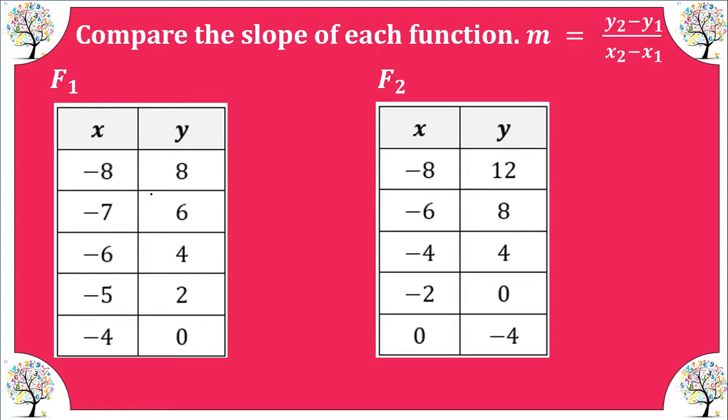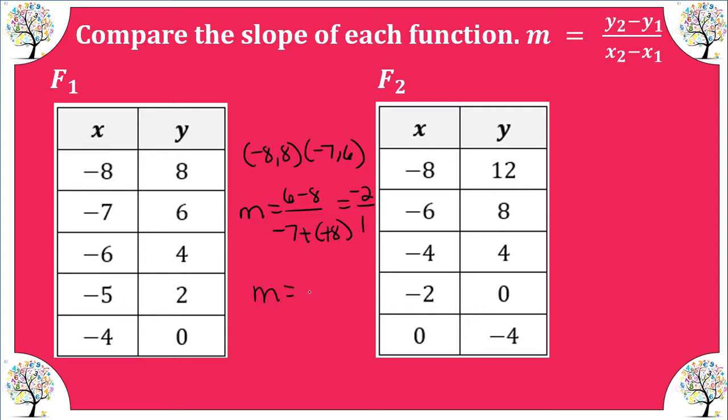Now let's compare slopes. So we're just going to find the slope and see which is greater. Now, if it's negative or positive, that doesn't matter. That's just the direction of the line. So here, I'm going to have -8, 8 and -7, 6. So slope is 6 minus 8 over -7 minus -8. I get -2 over 1.